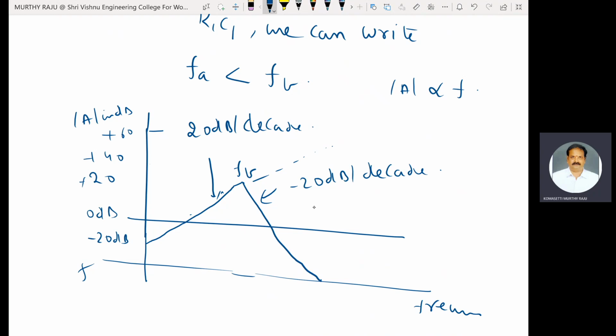This 40 dB per decade change at F is equal to FB occurs due to the combination of R1 C1 and RF CF.